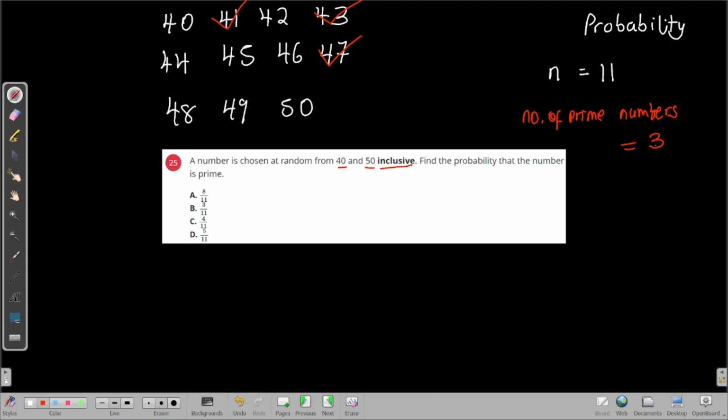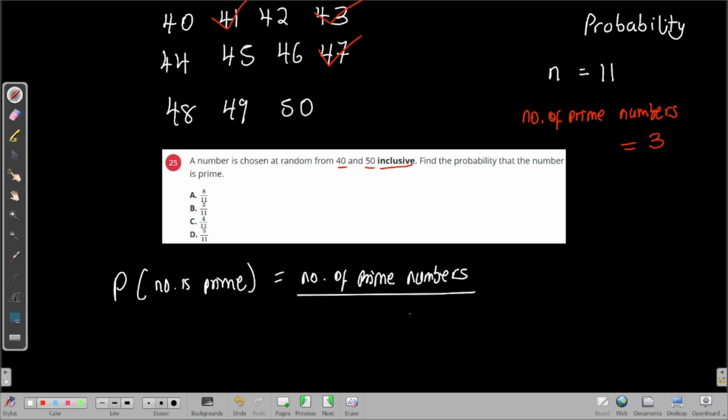Okay, every other number there has another divisor. So what's the probability? Probability that the number is prime is equal to the number of prime numbers over the total numbers that we have. So that's from 40 to 50, and that's 3 over 11. Option B.